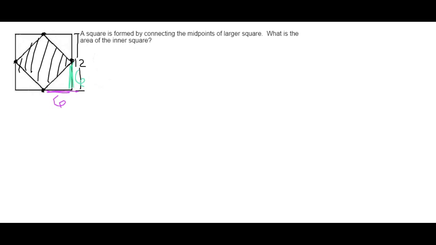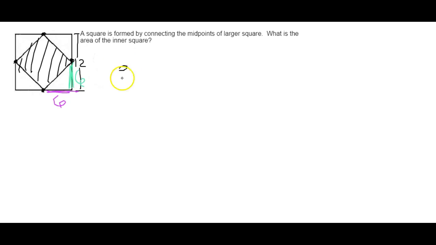So we can use the same idea we had on the last problem. If we find the entire area of the entire square and subtract out each of these triangle areas, then we can find the area of the inner square.